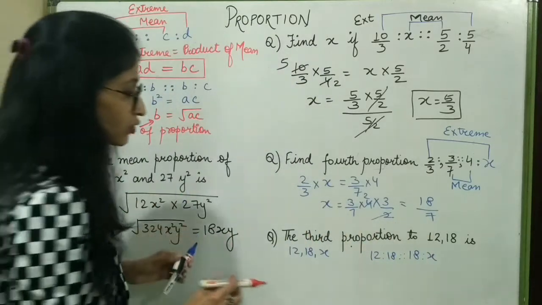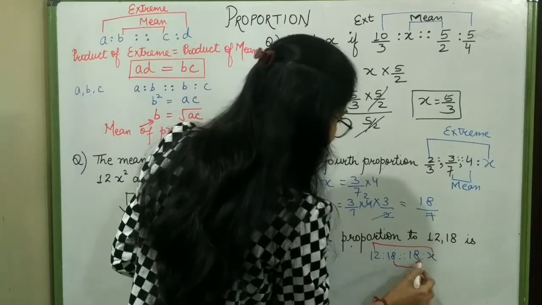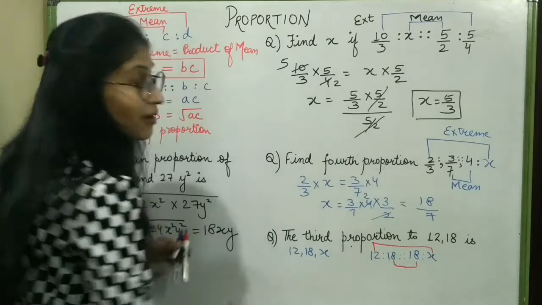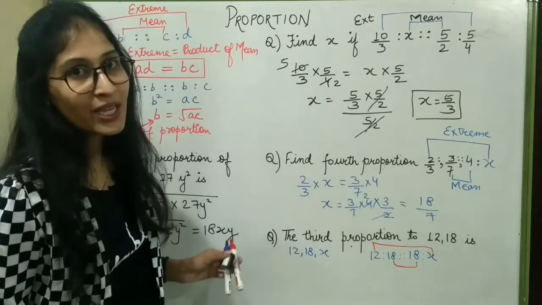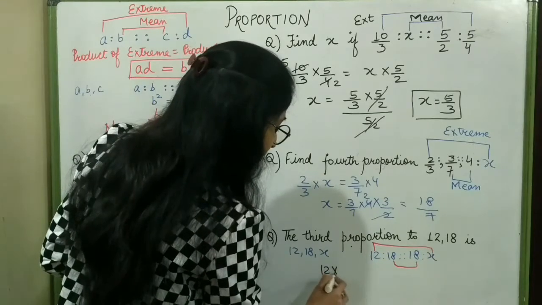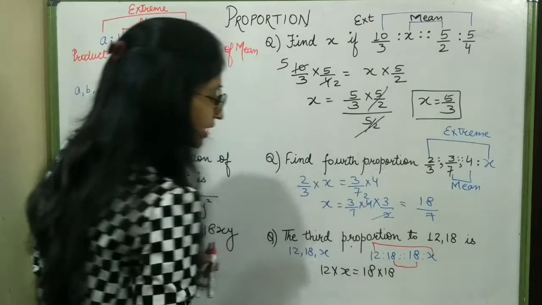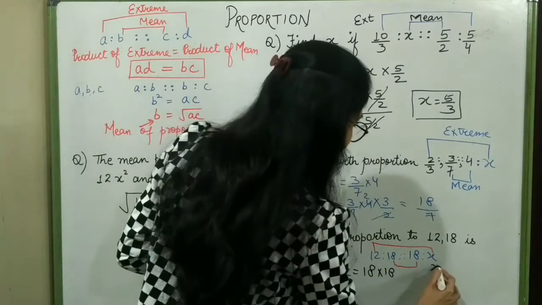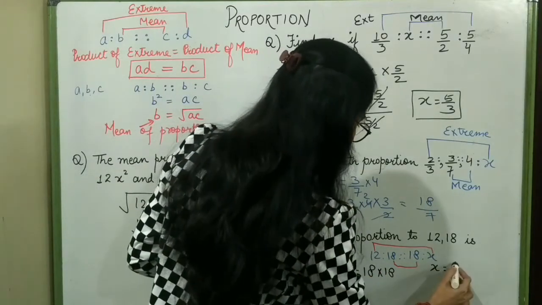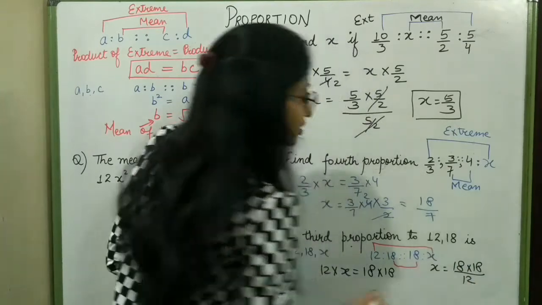Again, extreme terms 12 and x, mean terms 18 into 18. Product of extremes should be equal to product of means. So 12 into x should be equal to 18 into 18. From here, I will get the value of x as 18 multiplied by 18 upon 12.